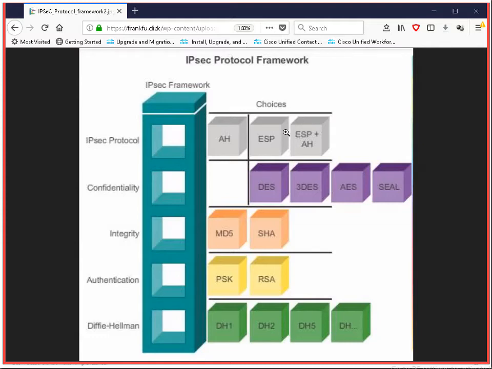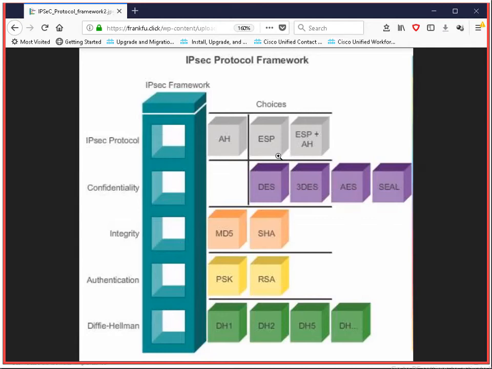Or you can choose to run ESP, which includes any one of these different encryption processes. Typically, it's going to be the Advanced Encryption Standard. ESP stands for Encapsulating Security Payload, which essentially is encryption. Or you can do both. Cisco doesn't really support the use of just authentication, so you're most likely going to see both.